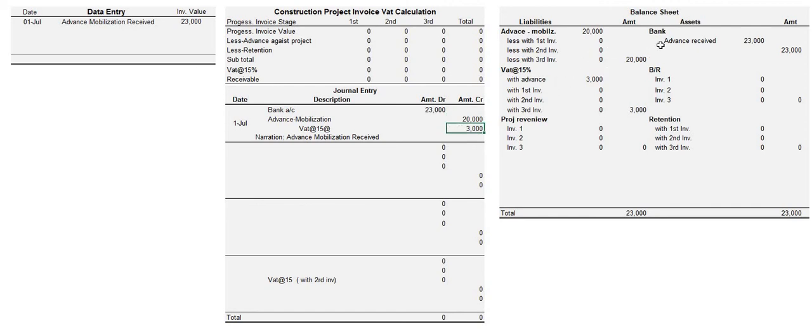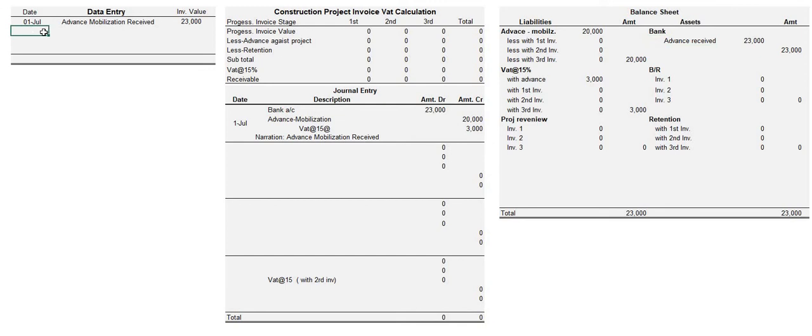Same thing you can see in the balance sheet also. In the balance sheet, the bank balance shows 23,000, the advance mobilization is 20,000, and the VAT liability is 3,000.